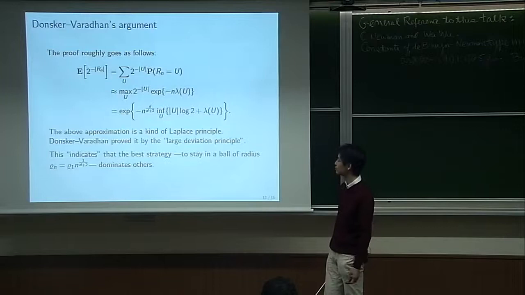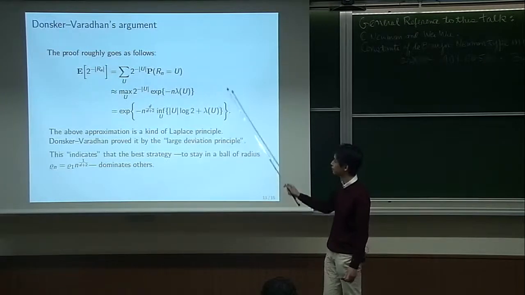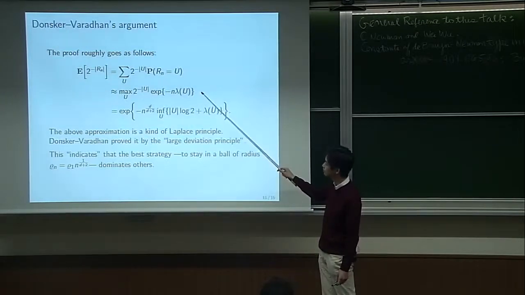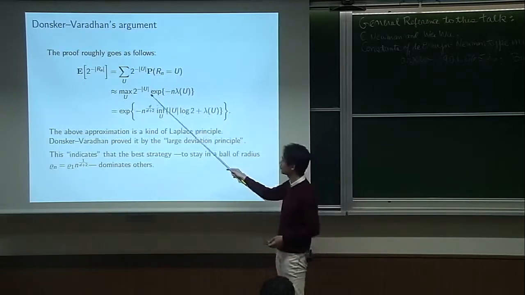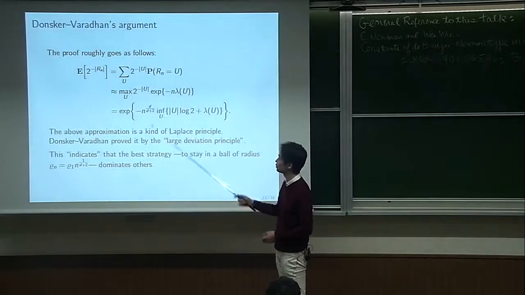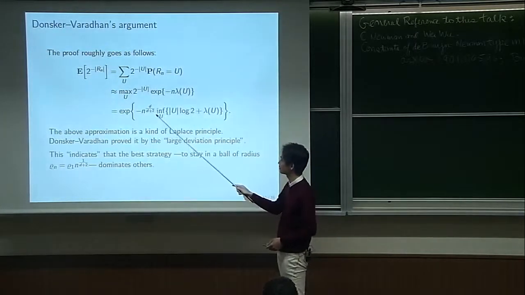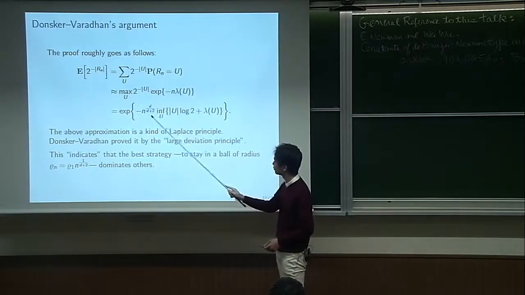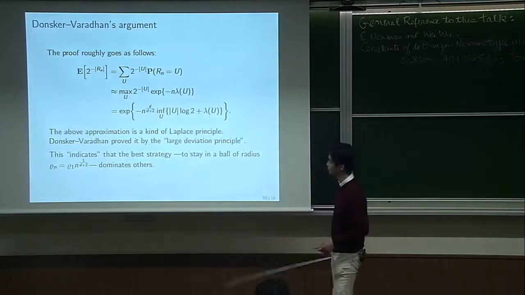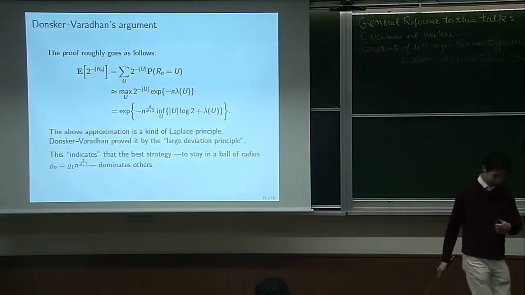But anyway, by using that large deviation principle, Donsker and Varadhan proved this Laplace principle. And after proving that, apparently you have to take large U and compute a little bit, then you can find the right scaling, which is to put n to the 1 over d plus 2 in front of U, then you get this power and you end up with this variational problem.